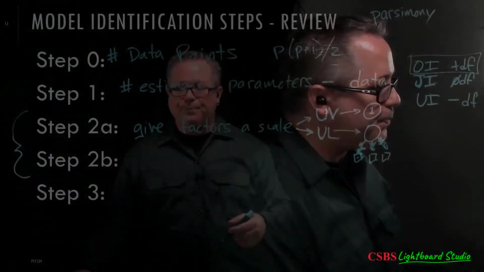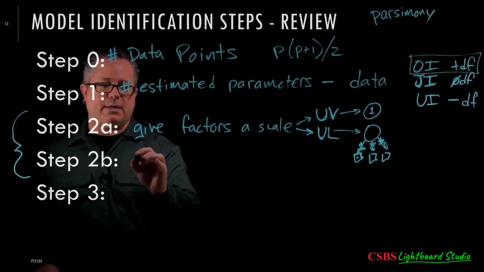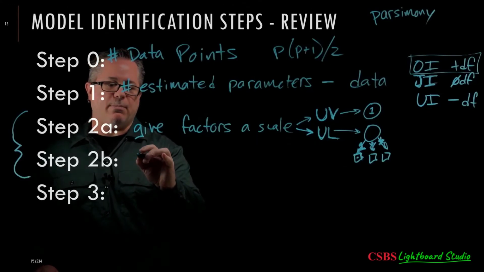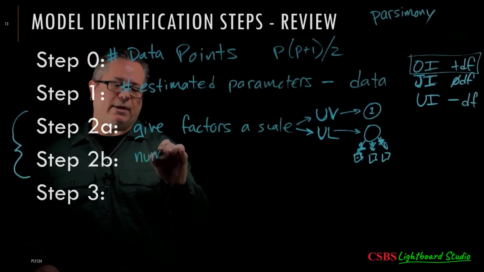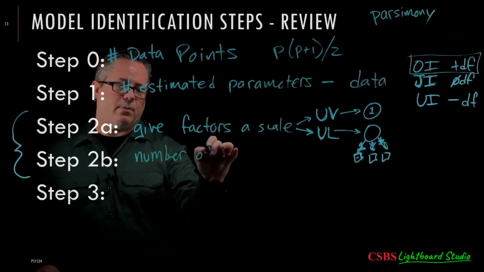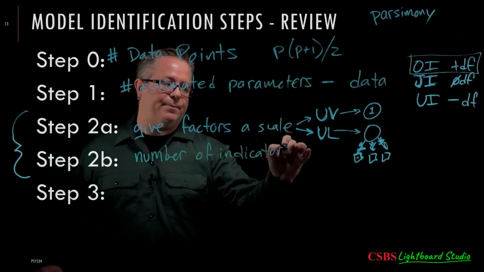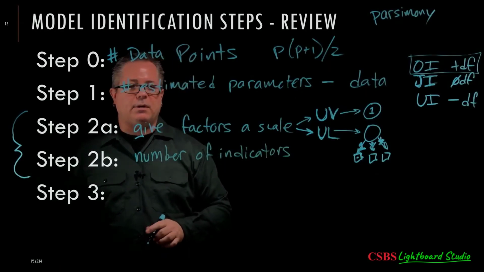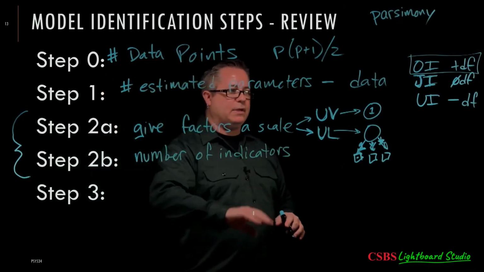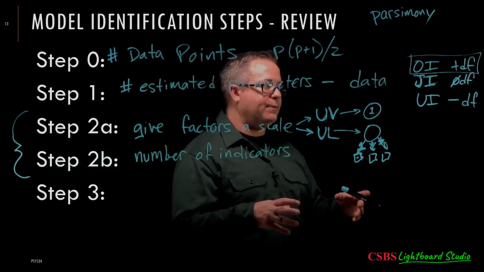So this has to do with the number of indicators for a factor. Okay, and the reason I'm just writing this is because there's a lot of scenarios.